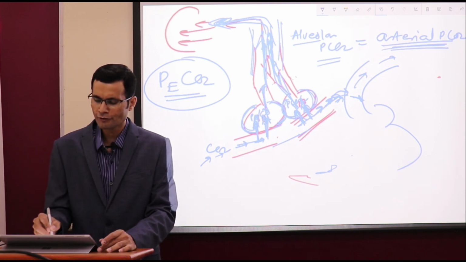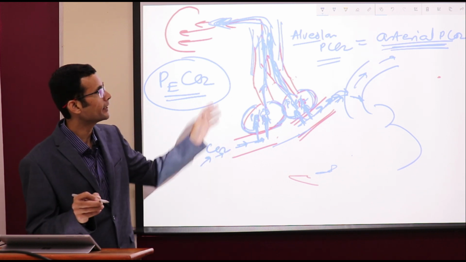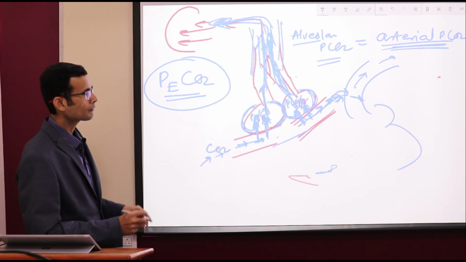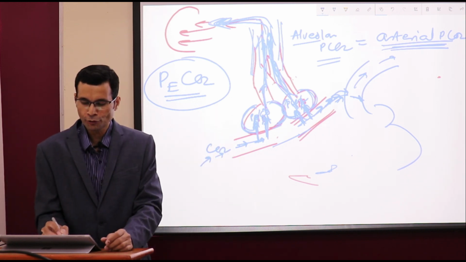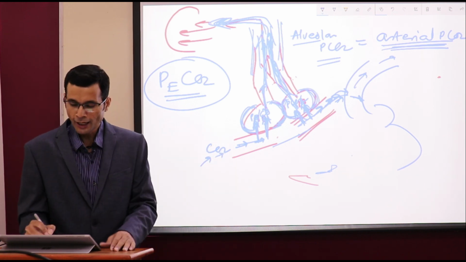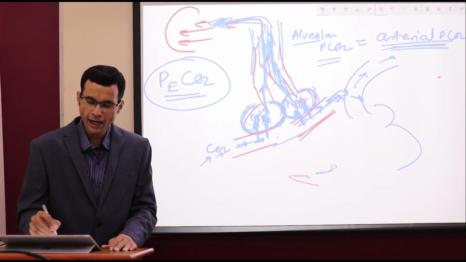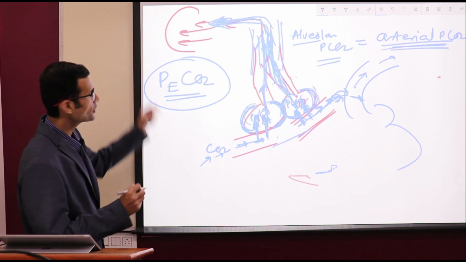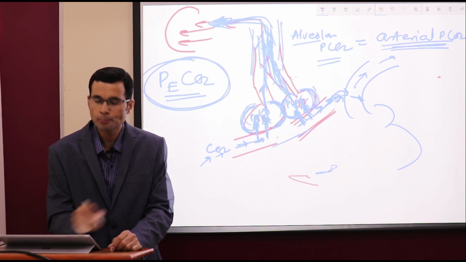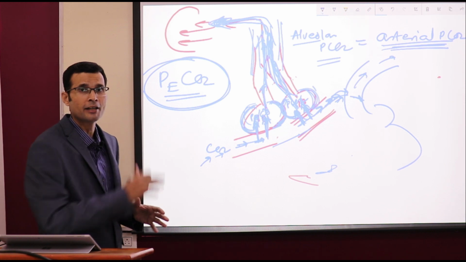But carbon dioxide from the alveolus then mixes with this dead space air and starts coming out. If both these alveoli were functioning, meaning both had blood flow, and carbon dioxide has come out from both, that will be one PeCO2, one carbon dioxide concentration in this expired air.